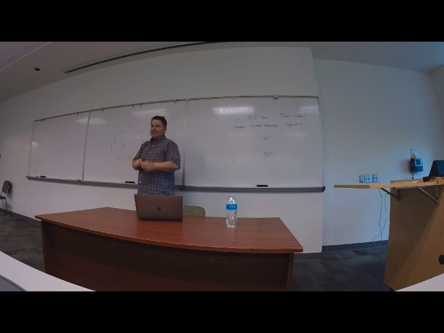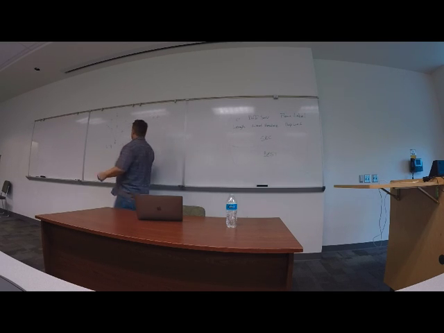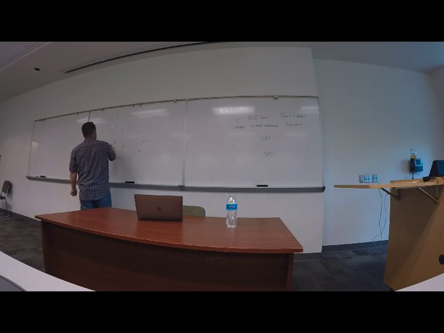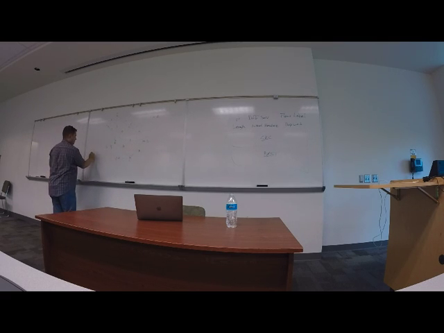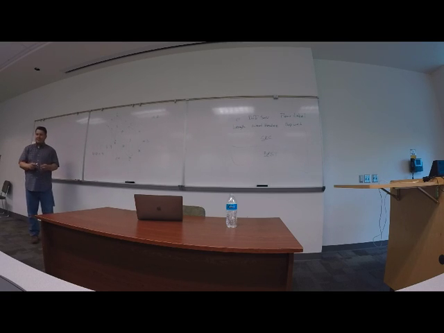What's that path going to be? ABE. So A, B, E. So A to B is 4, B to E is 10, and so that is 14. Is there a better path?